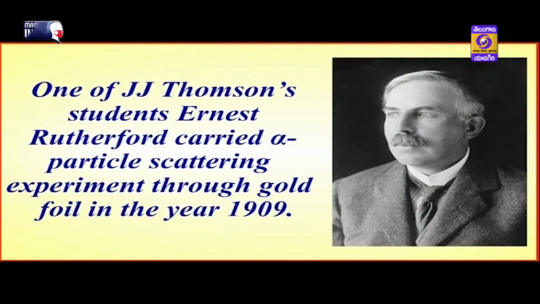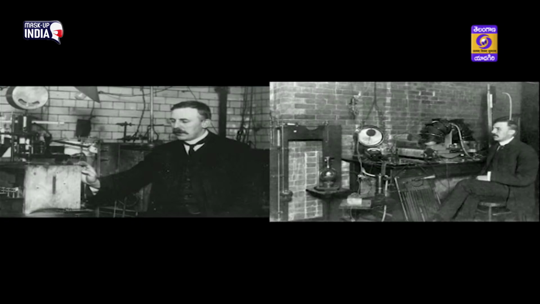One of J.J. Thomson's students, Ernest Rutherford, carried out the alpha particle scattering experiment through gold foil in the year 1909. Look here, my dear children. Here we can see the experimental setup done by Rutherford.